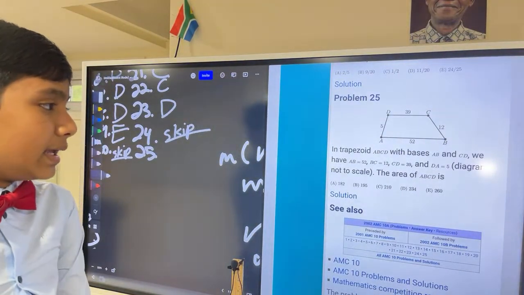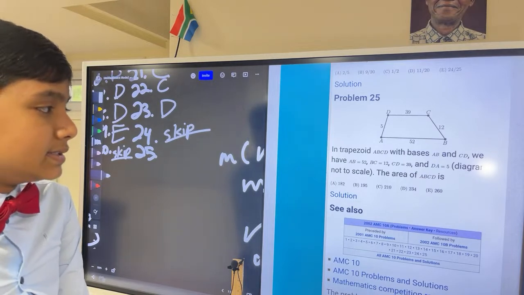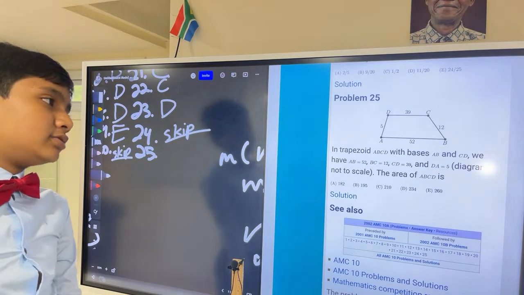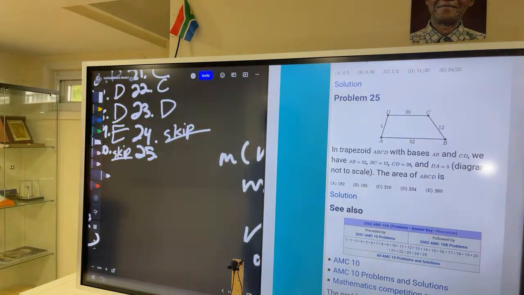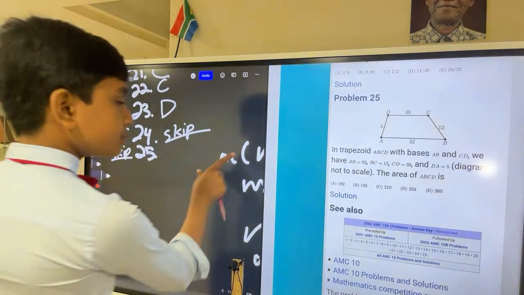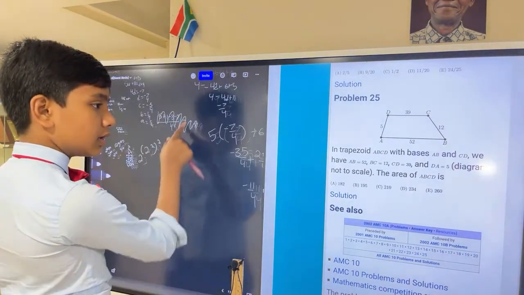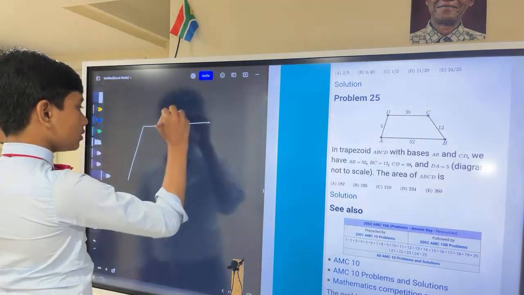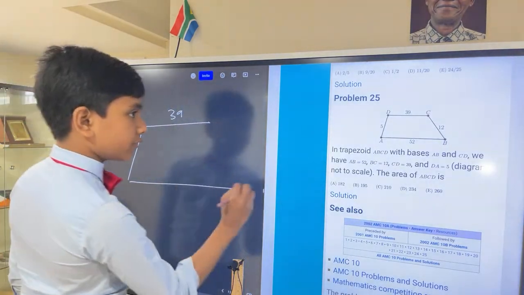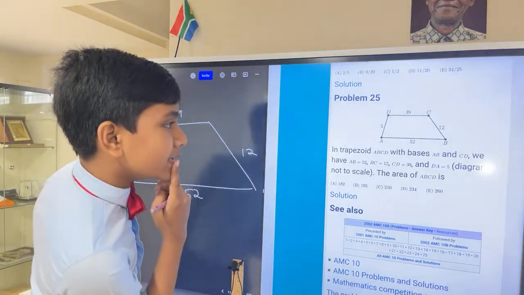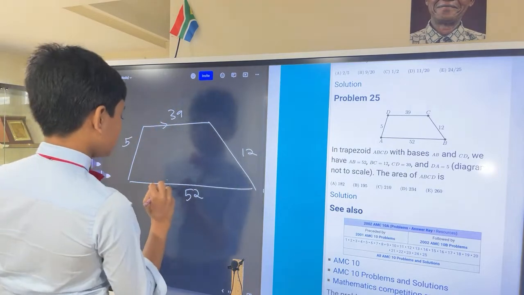In trapezoid ABCD with bases AB and CD, we have AB equals 52, BC equals 12, CD equals 39, and DA is 5. The area of ABCD is... Alright, let's try. 52, 12. It kind of looks parallel.